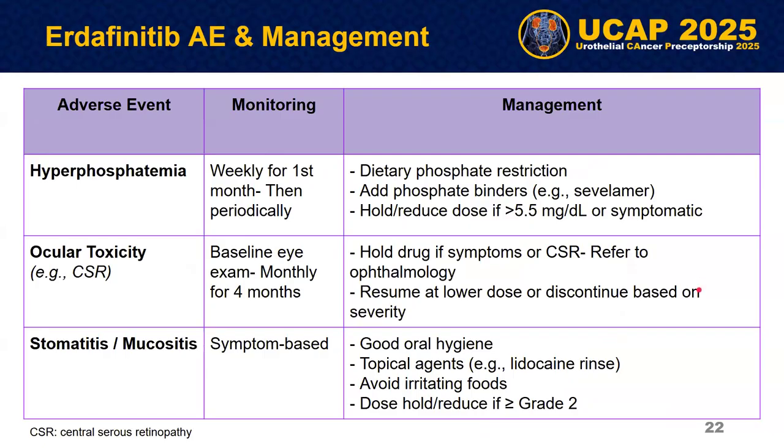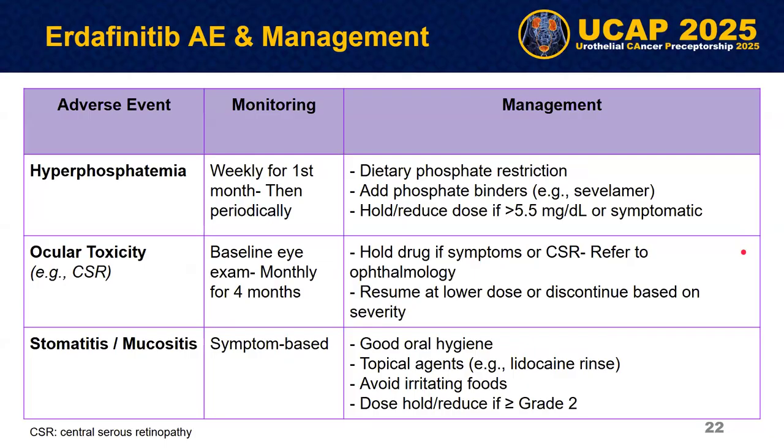As for hyperphosphatemia, baseline bloods are important, and also monitoring of this should be done on a weekly basis for the first month. The management includes dietary phosphate restriction, sometimes adding phosphate binders, and you would probably need to hold or reduce the dose if phosphate levels are more than 5.5 or when the patient is symptomatic.